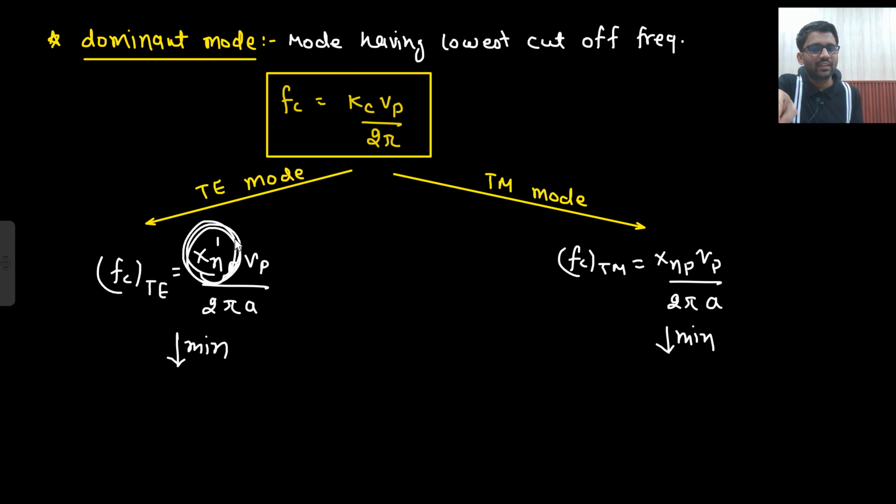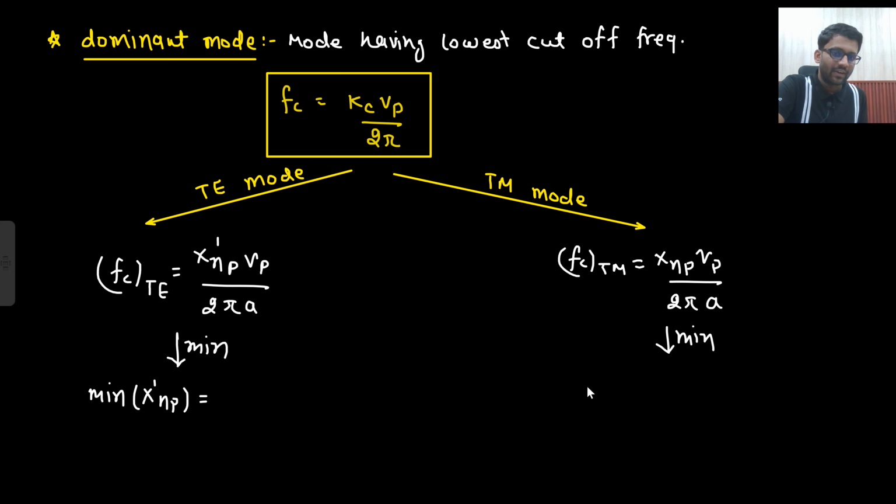Now all the things will be depending on this x dash np value. So if I need fc to be minimum, then I need the minimum value of x dash np. And here I will require the minimum value of x np. Say yes or no.